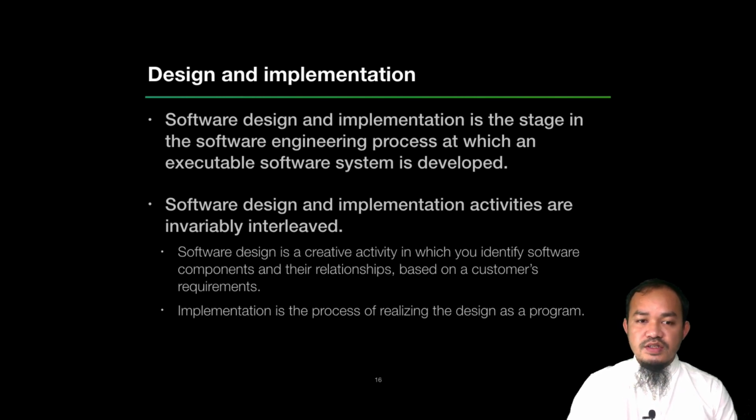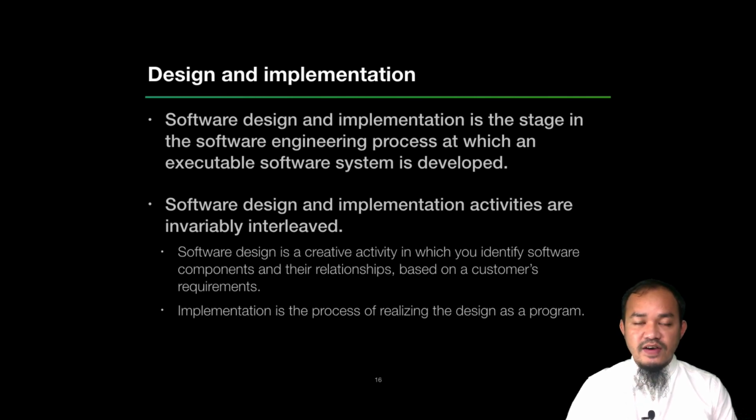Software design and implementation activities are invariably interleaved. It means that it takes the requirements, requirement gathering, requirement analysis, and design, and then does the implementation. Software design is a creative activity in which you identify software components and their relationships based on the customer requirements.